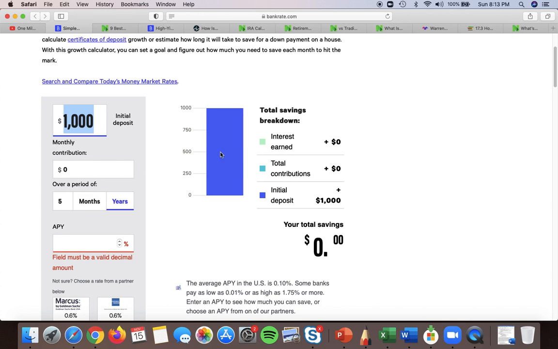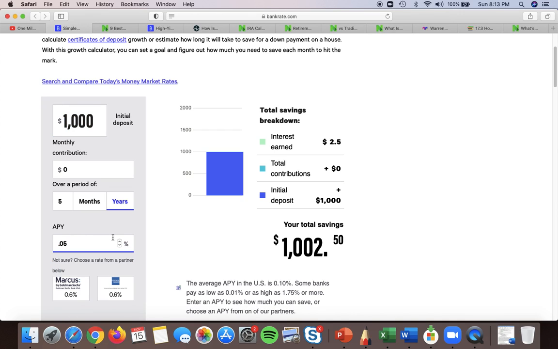If we assume you have $1,000 that you want to save and you put it in a traditional savings account, at the end of 5 years the balance in that account will read $1,002.50. So you will have earned $2.50 worth of interest.